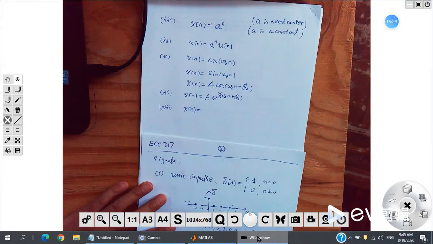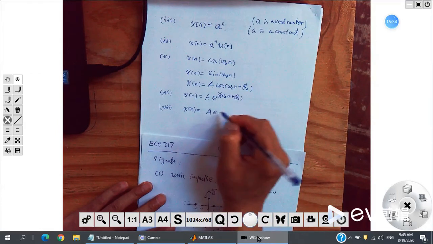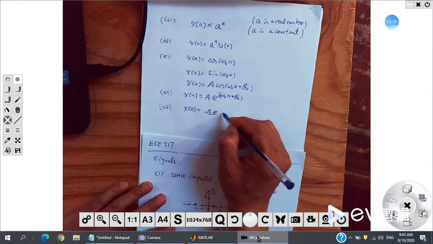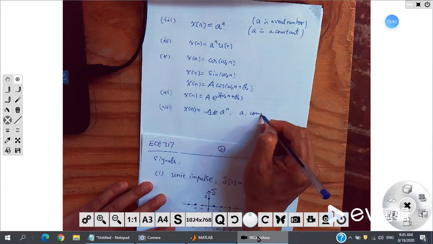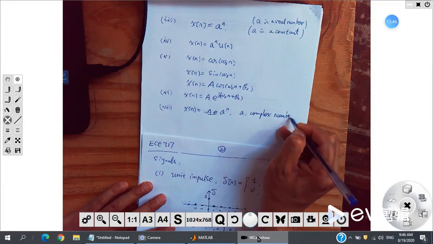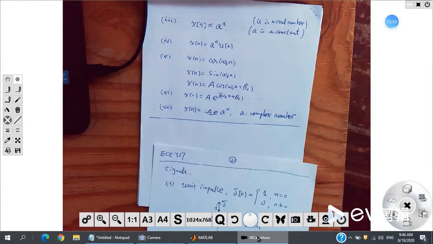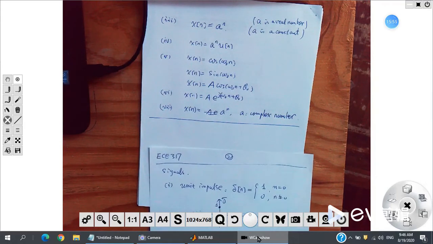So it is still A to the n, but with A a complex number. These are the most commonly used signals.